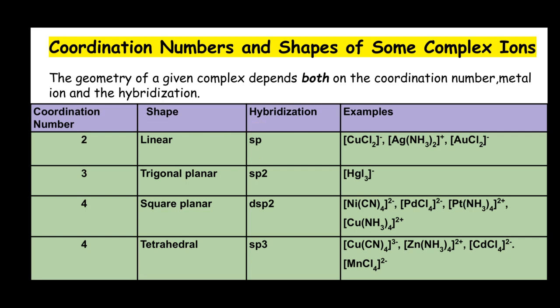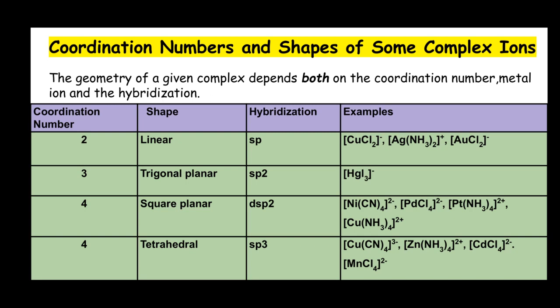The examples of linear complexes are dichlorocuprate, diamino silver, dichloroaurate. In trigonal planar geometry, the hybridization, as we have already discussed, is sp2, and there are three ligands bonded to the central metal atom in the given example.